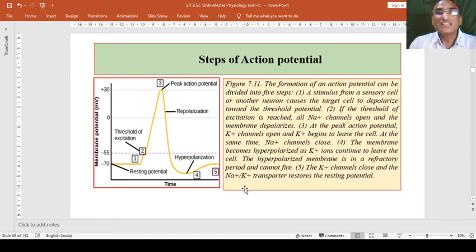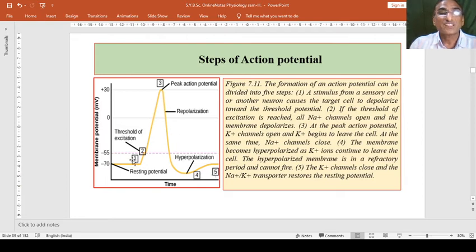Now, the action potential we have seen and observed in the nerve axon or membranes. Here in the twitch or graph, this is how it is recorded or observed. So in this figure, you are observing points 1, 2, 3, 4 and 5.